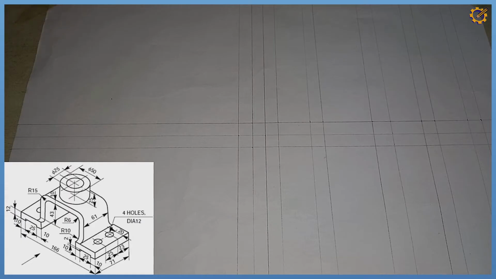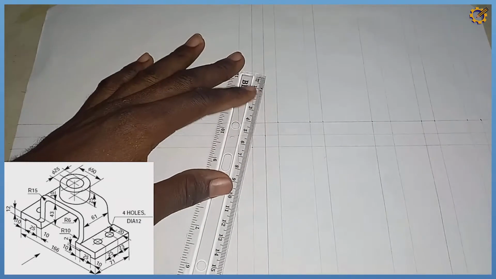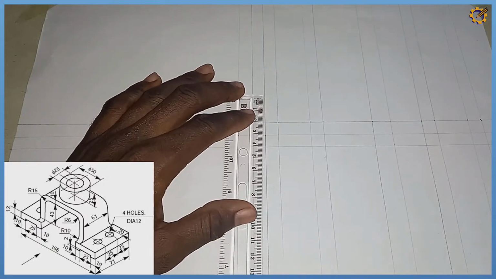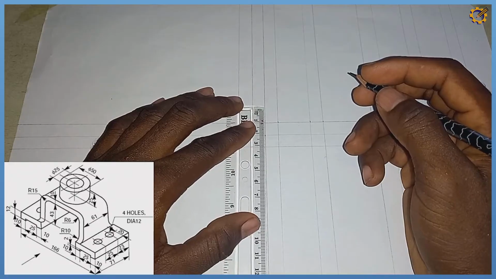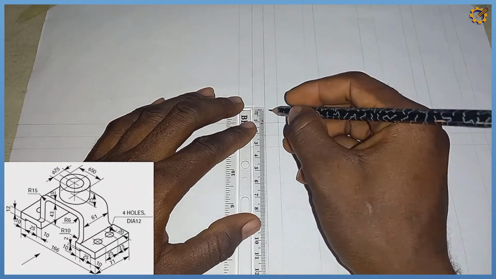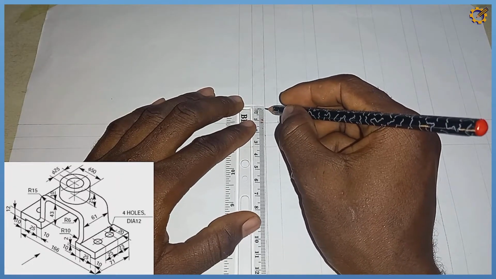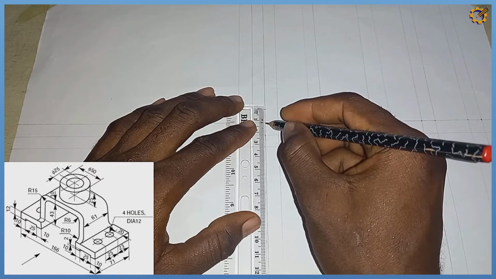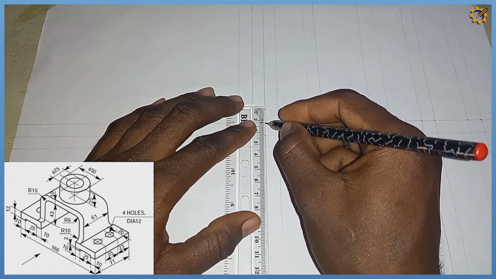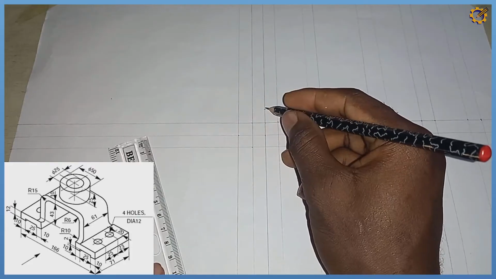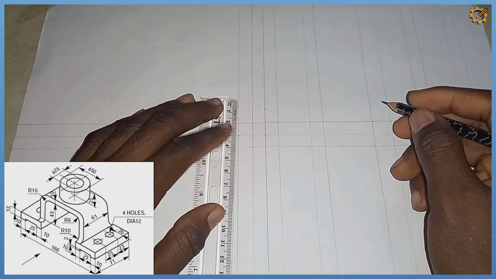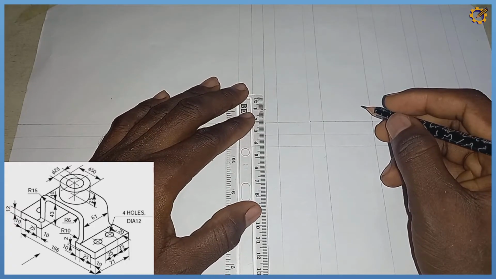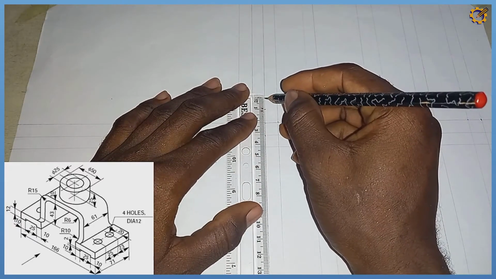So the next thing is to take the length of our height. Starting from the bottom, first of all, we have a mark of 12, which is this mark of 12, starting from here. So from this line towards this mark is 12. From that mark of 12, we have a mark of 10, which is this.